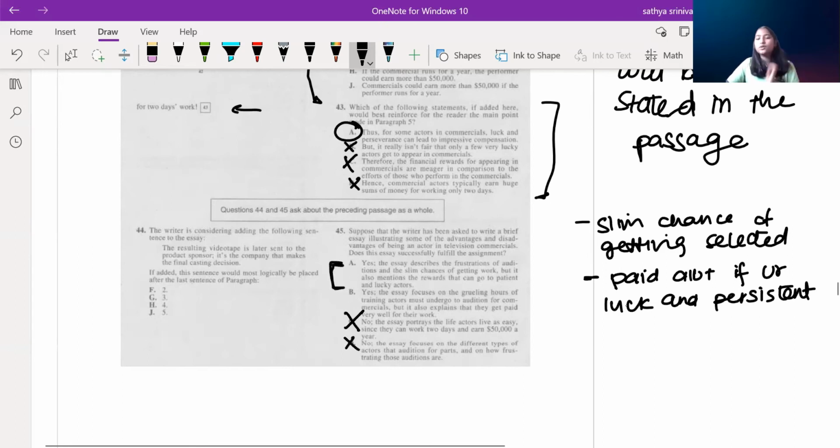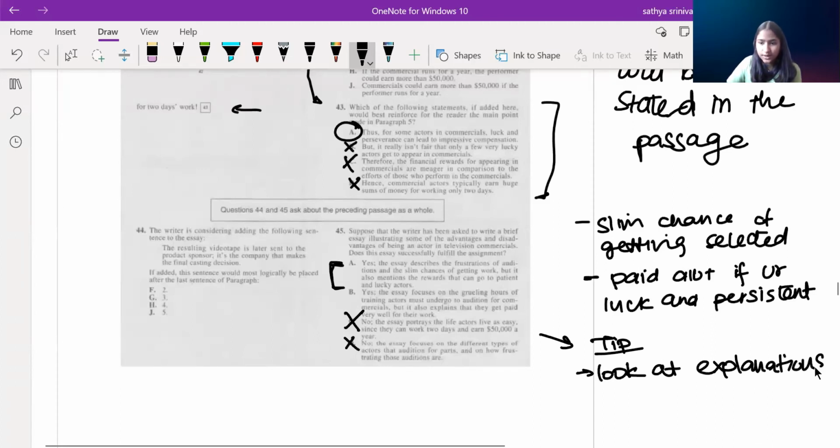So actually, one tip here is that if you're not sure whether it's yes or no, then look for the explanation first, right? Because in this case, all of the explanations are different, right? So you can first look at the explanations and try to find the correct explanation, and then you can look at whether it's yes or no, right? Usually it'll be like this.